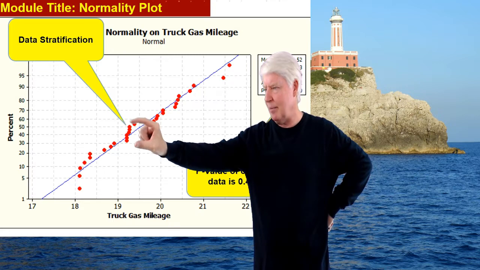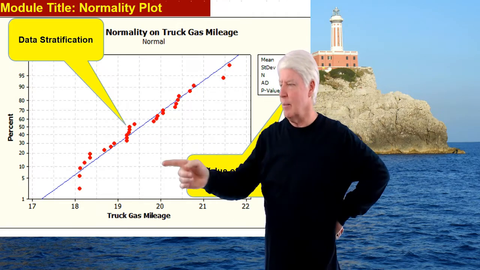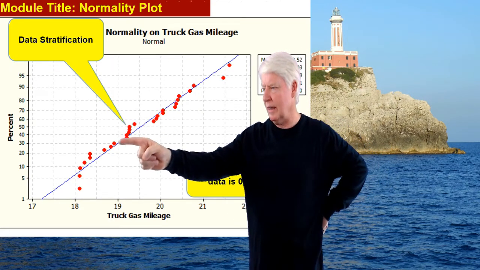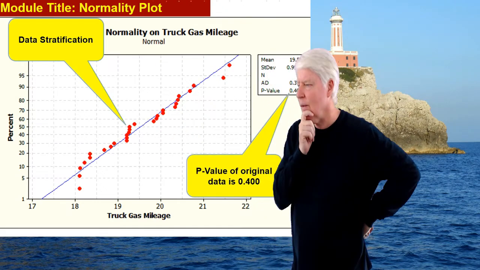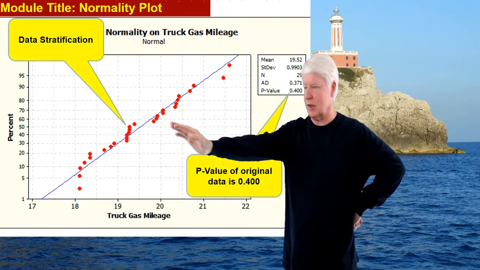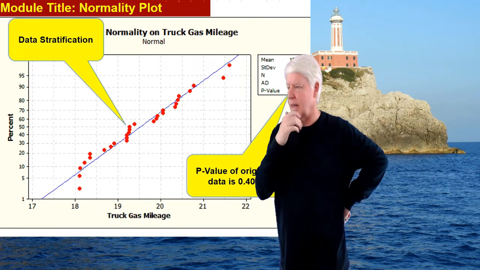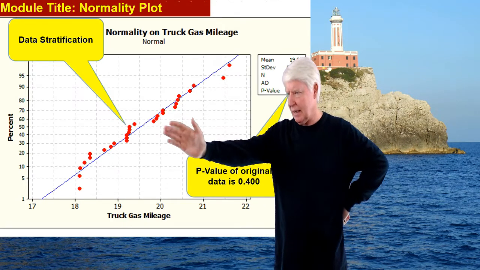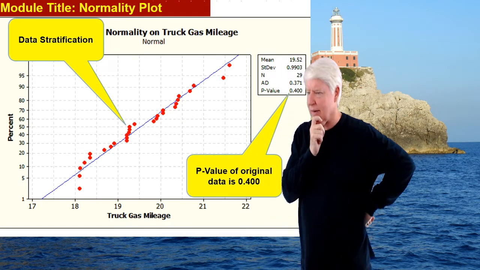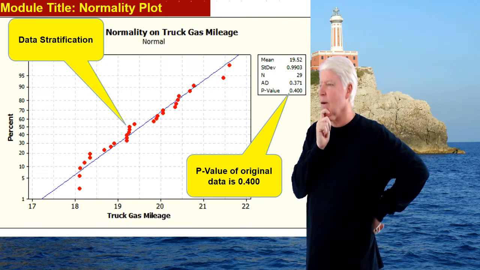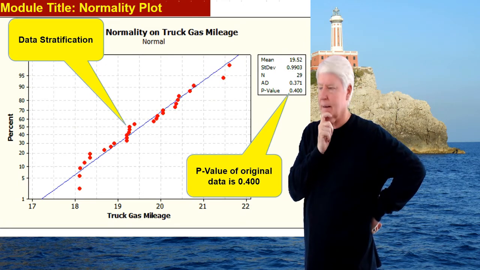But they stack up because your measurement system won't measure in those gaps. But this isn't real bad. I'll show you some others where they're really stratified. But if you were real picky, you could say, it looks like there may be some stratification here. But overall, this is very good data.